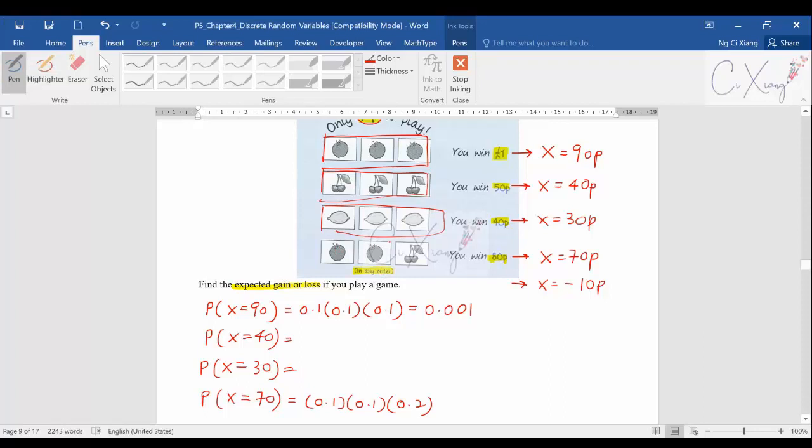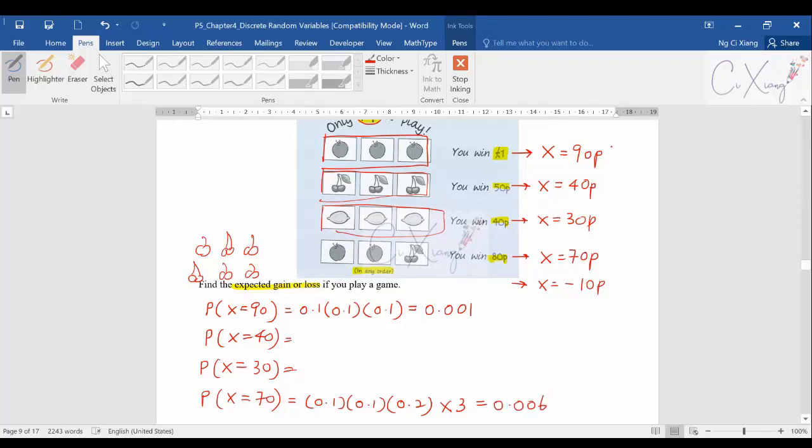So any order means that apple, apple, cherry also can, or maybe you can have apple, cherry, apple, or you can have cherry, apple, apple. There are 3 cases here, right? So you have to multiply by 3. And then you should get 0.006.